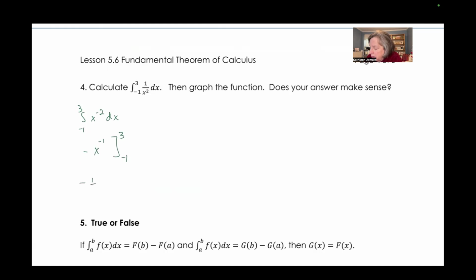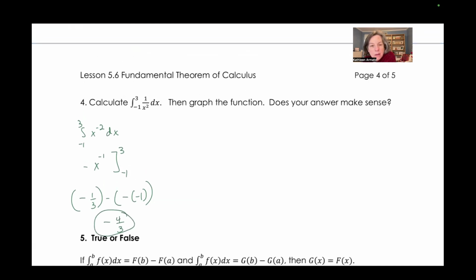All right, so minus 1/3 minus -1, I believe that's what we got. So that is -1/3 minus 1. That's -4/3.